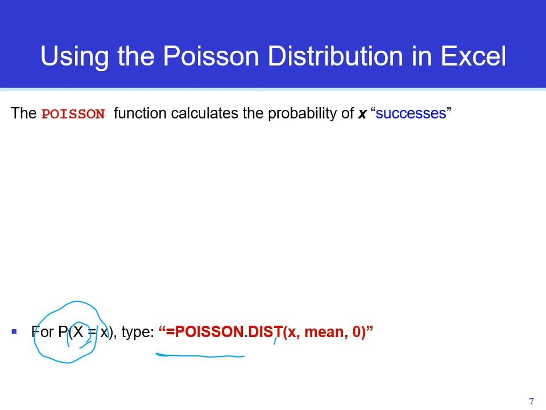The first parameter that you put is x, the number of successes that you're interested in, and the next one is mean. Mean is actually the lambda.